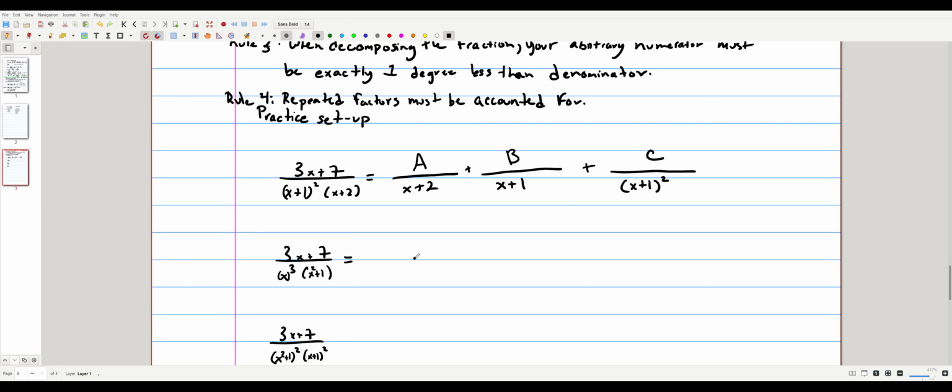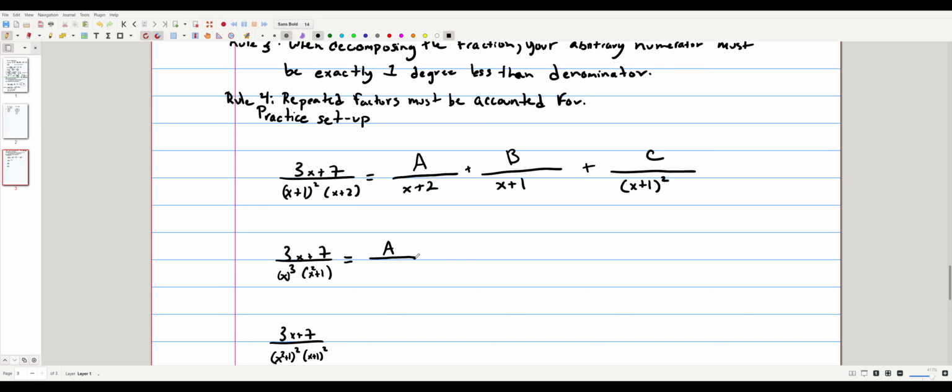We can notice this is a sum of squares, right? x squared is a square, x times x, 1 is a square, 1 times 1. Since it's a sum of squares, we know those don't factor over the reals, so it is already in its factored form.